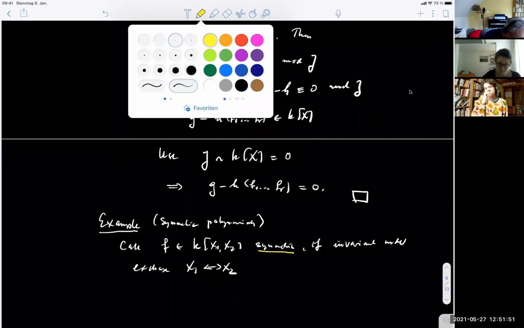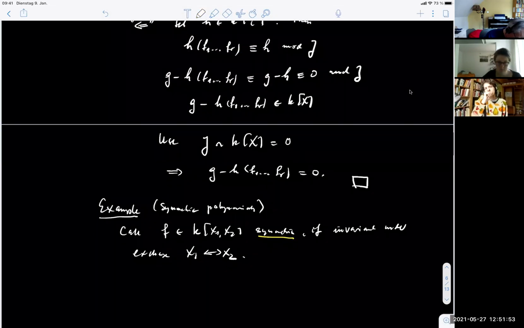So let's have an example. Maybe x1 square plus x2 square is symmetric. You see, it's symmetric. But let's say this other one is not symmetric.